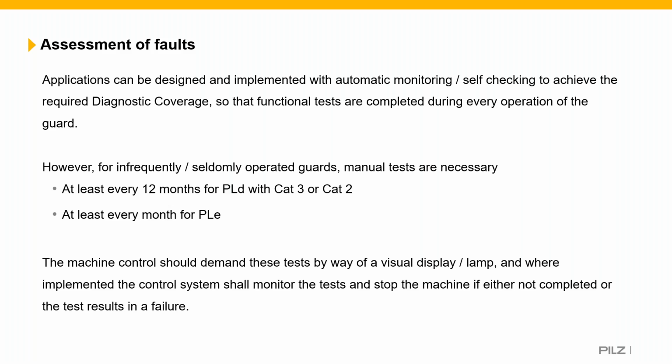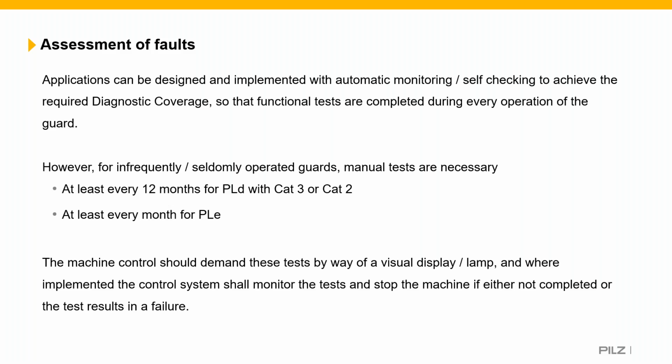But if we do have guards that are infrequently or seldom operated, then we do need to ensure that we implement a manual test to ensure that it's still operating correctly. So it must be at least every 12 months for up to PLd with a category 3 or category 2 architecture. But if we have a PLe device, then it must be every month that we check, if it's not actually operated in that month anyway.